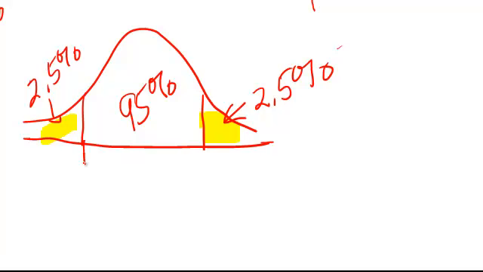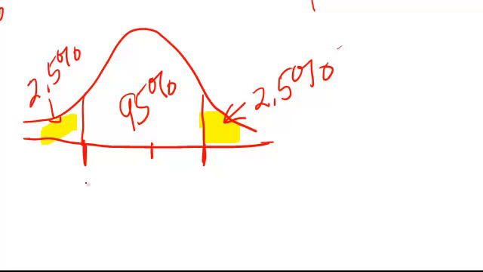And so we want to find out how many standard deviations from the mean, the number of standard errors we could call it, the sample mean is from the population mean.